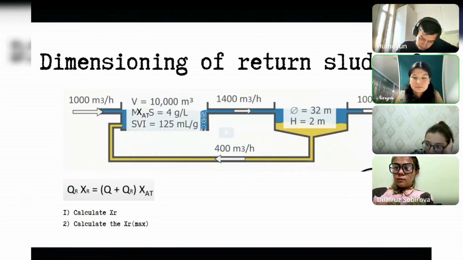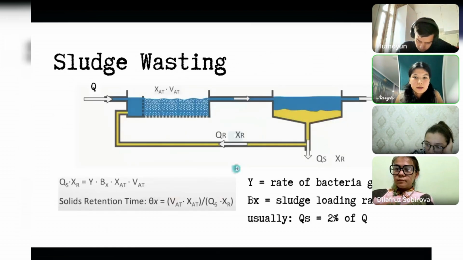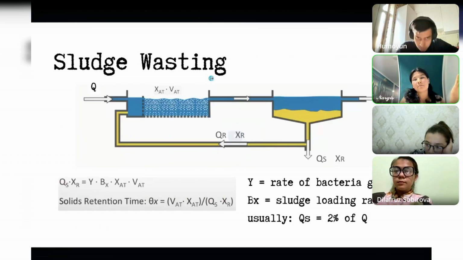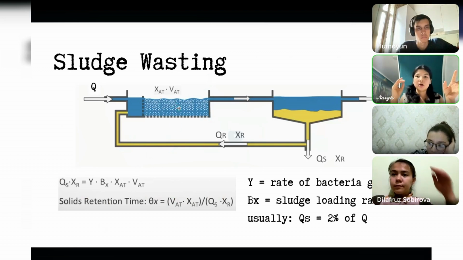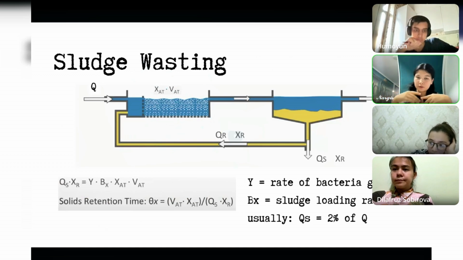So good. Okay, now this one we covered. And one thing that you should also know is sludge wasting. As I said in the last lecture, the concentration of bacteria inside of your biological clarifier should be about 4 grams per liter, no higher, no lower, ideally. And what happens with bacteria?